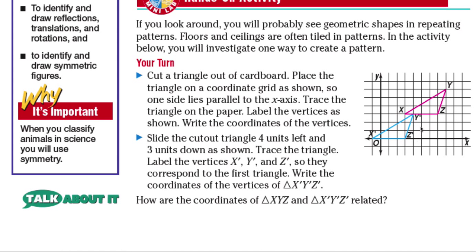Trace the triangle on a piece of paper. You're doing the pink triangle right there. Label the vertices shown and write the coordinates of the vertices. The x coordinate would be 4, 3.